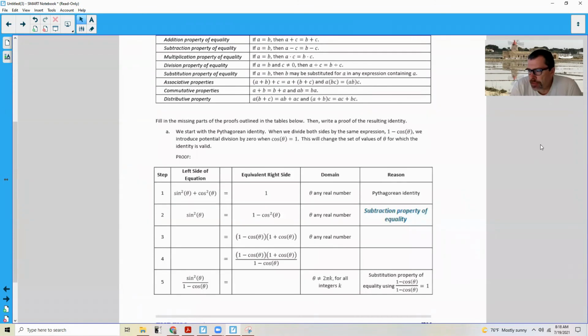Okay, so then the next step is blank, so we need to fill that in. Okay, so nothing changed on the left. So we're just going to write the sine squared theta equals 1 minus cosine theta times 1 plus cosine theta, for theta being any real number.